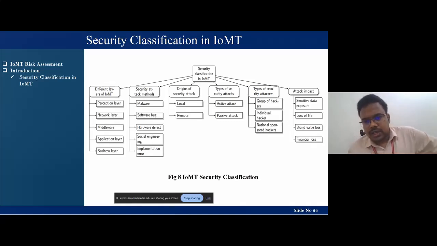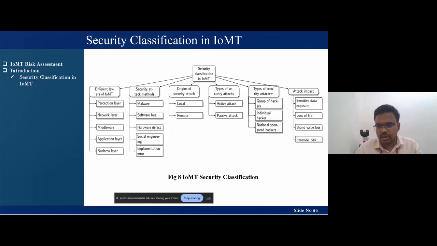To understand this, we need to classify the security level of each and every system. The system consists of all the medical devices. I'm not talking about a single medical device here, I'm talking about the network of medical devices. If you're going for patient care, there are so many medical devices incorporated in that room, each giving some kind of contribution to the patient.